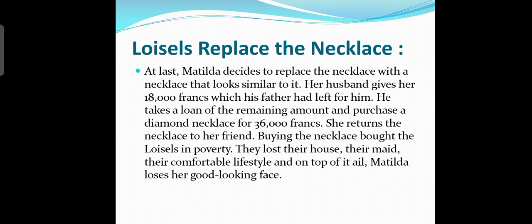That is why the situation was not good now. They lost their house, their maid, their comfortable lifestyle, and on top of it all, Matilda loses her good-looking face. Right? It is the main thing that she always wanted.